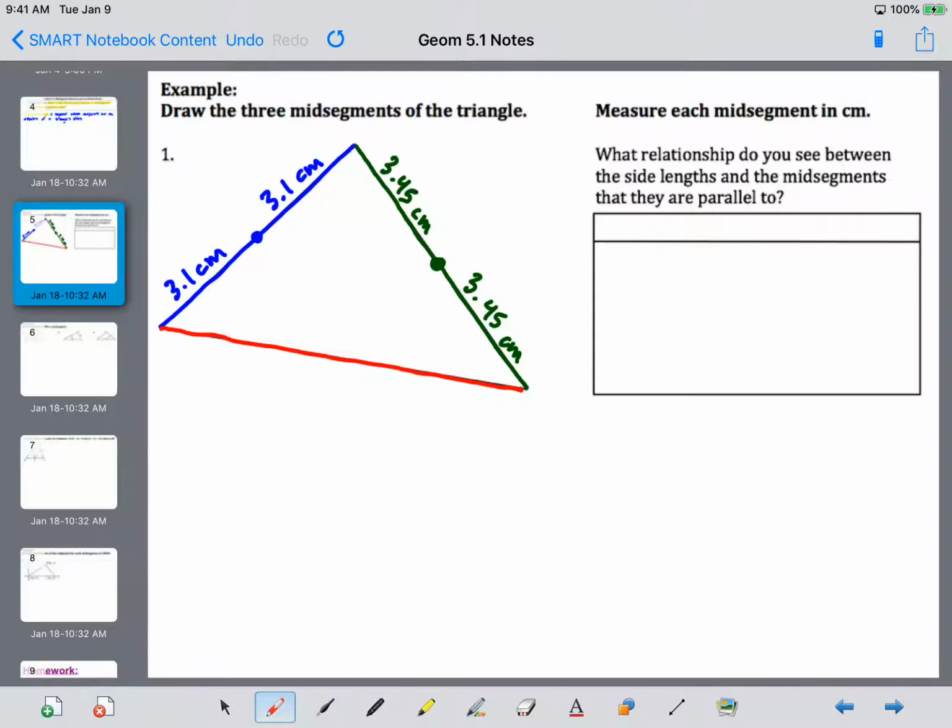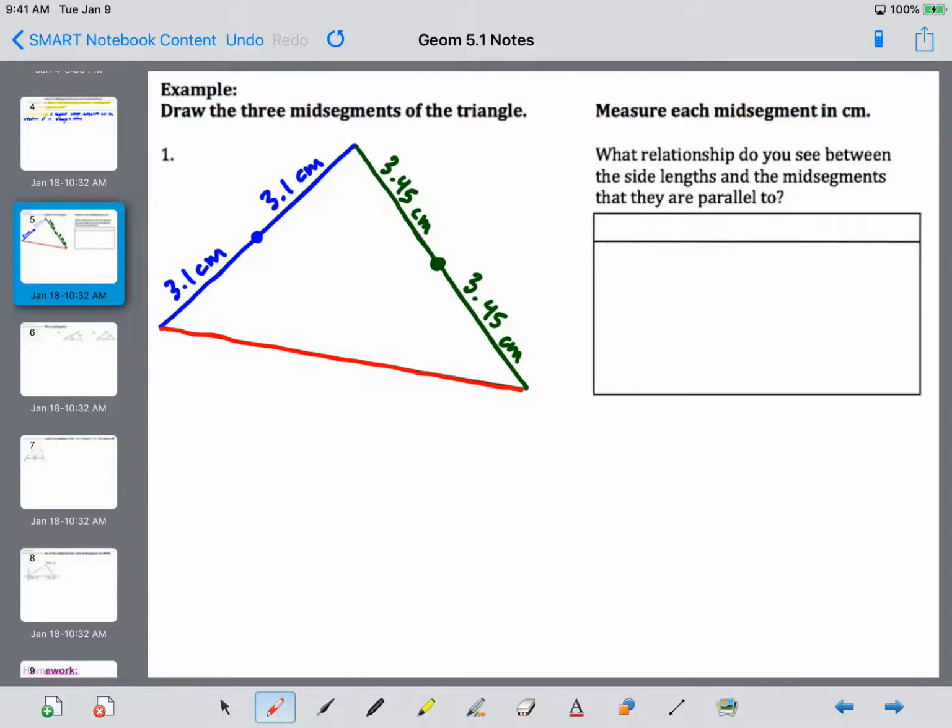All right, so now those three mid-segments that we created, we're going to measure each mid-segment in centimeters. First of all, let's measure the length of this mid-segment. If you do that accurately, you should find that this is 4.3 centimeters long.